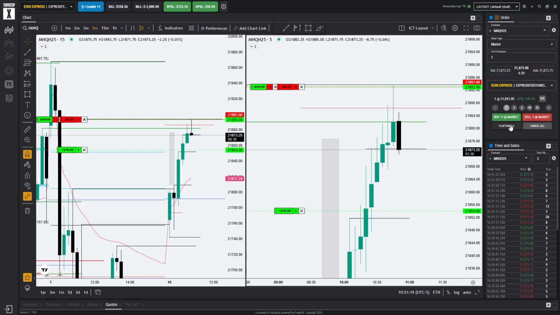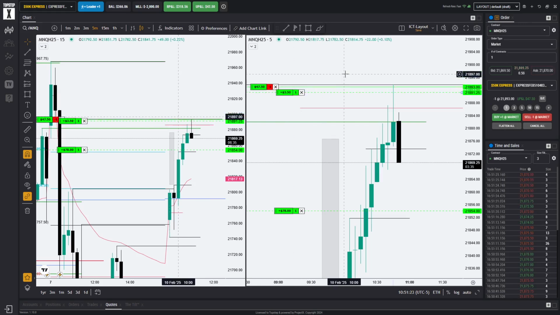Let's see. We are sitting risk, no risk trade at this point. Come on, NQ, take these longs out.